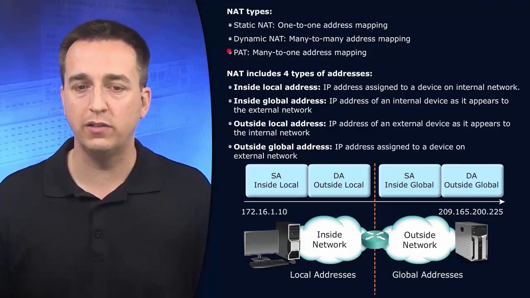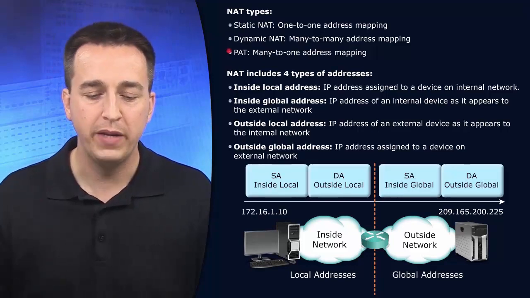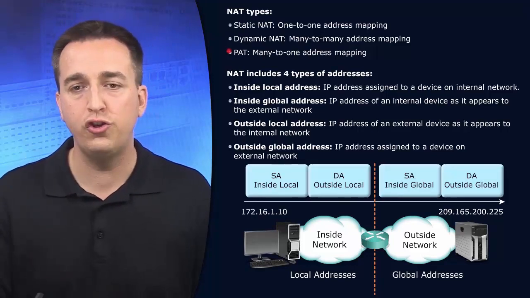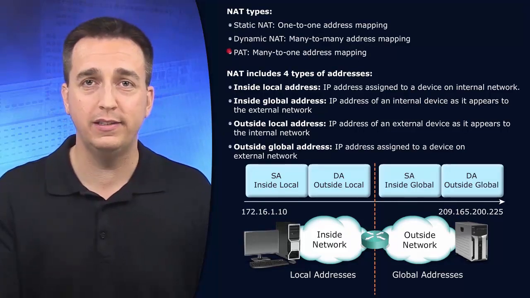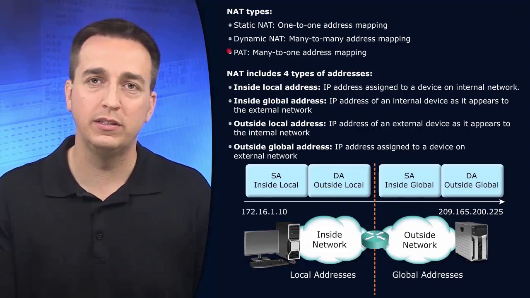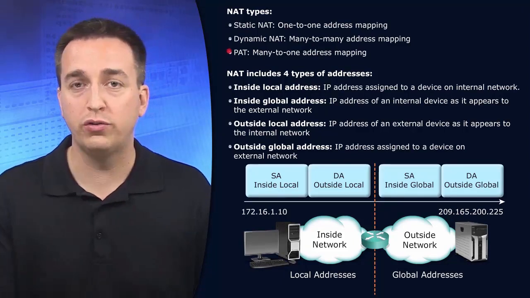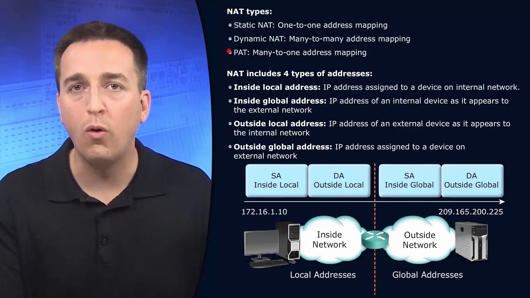Port address translation. Now, this is a feature of network address translation. And this feature allows us to have multiple private IP addresses sharing the exact same public IP address. And this is accomplished through an IP address and port mapping.